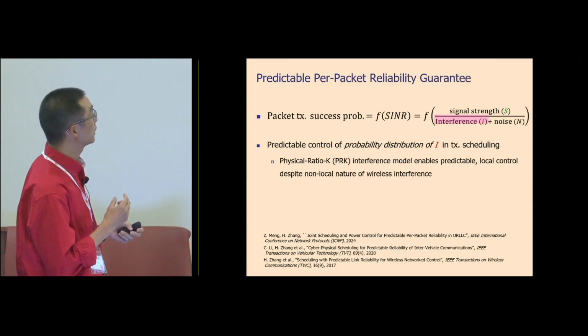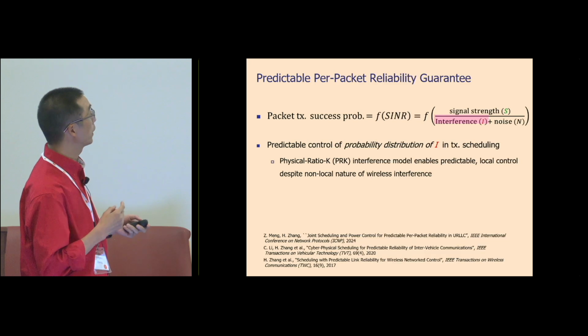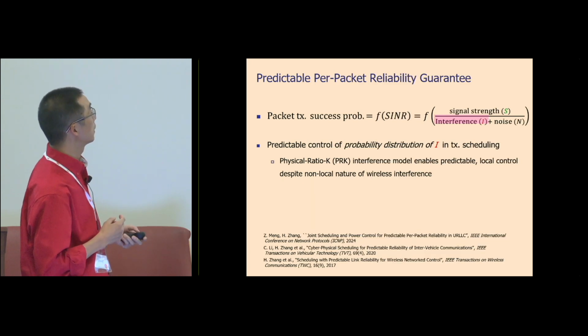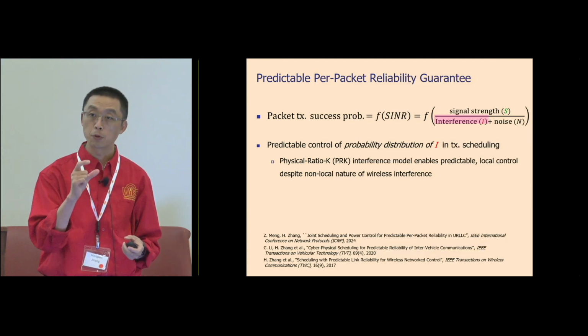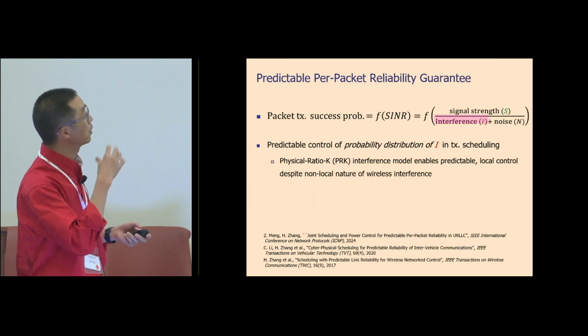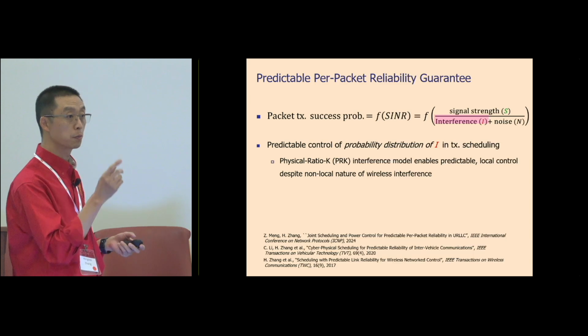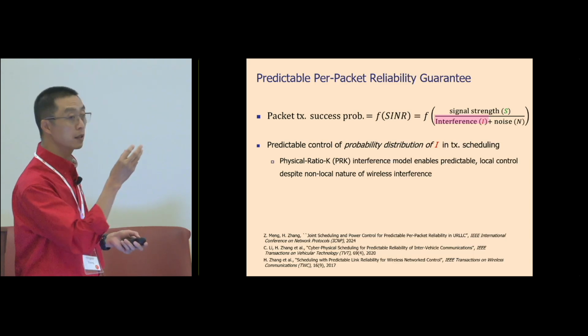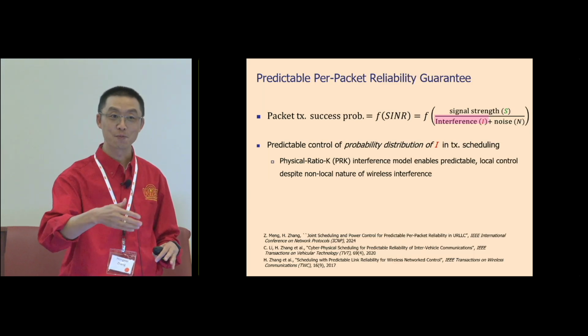Now, to that end, there are 2 important parameters we want to control. One is the receiver-side interference, the I, right? If we can control the distribution of the I, then that gives you a foundation to control the SINR distribution, right? There are techniques for doing that. There was discussion about interference earlier.